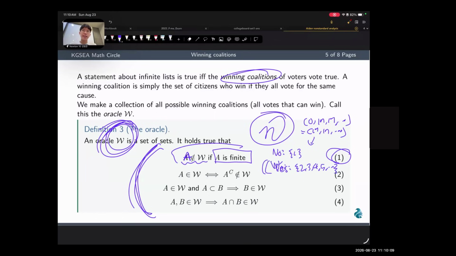The people who voted yes won this vote precisely because this set has to be a winning coalition, as in it has to be part of Omega. This is the reason why they won this vote. And for this, it's crystal clear because the other set is finite. Therefore, this one always has to win because it has more of them.